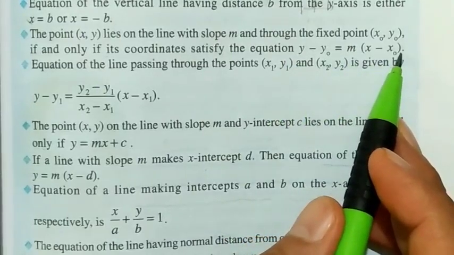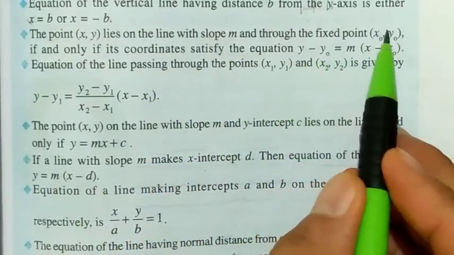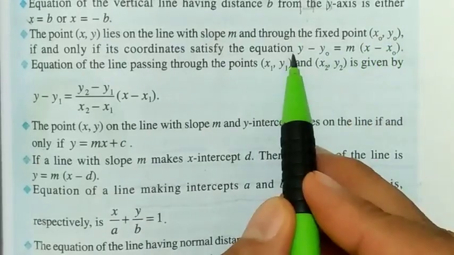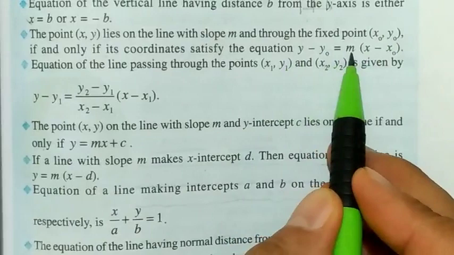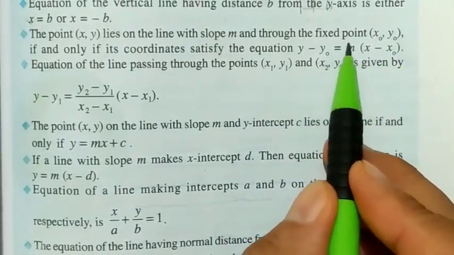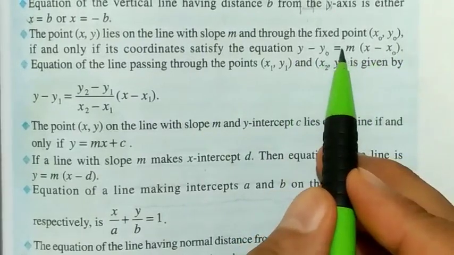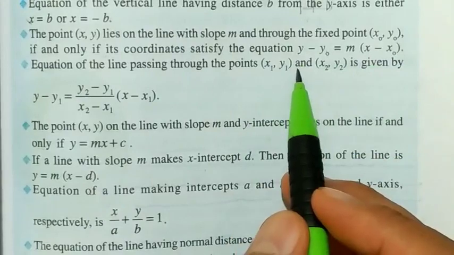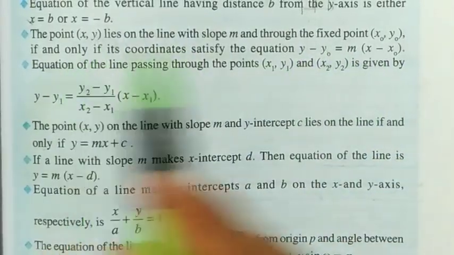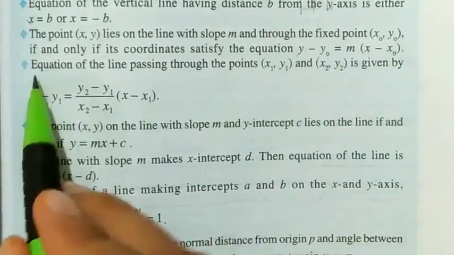Or, if they ask what is the equation of the straight line passing through (x naught, y naught), any point given, then the equation will be y minus y naught equals m into (x minus x naught). This comes from the slope: m equals (y minus y1) upon (x minus x1), like (y2 minus y1) upon (x2 minus x1), that was the slope. So from that slope we get this equation. Here x and y will remain the same, but this is the point (x naught, y naught).